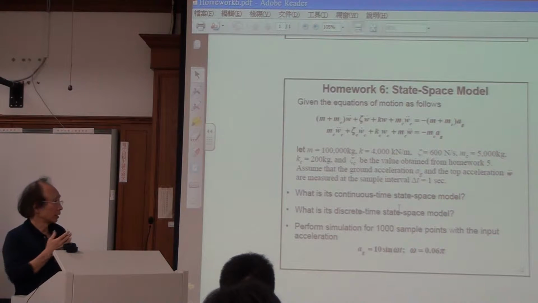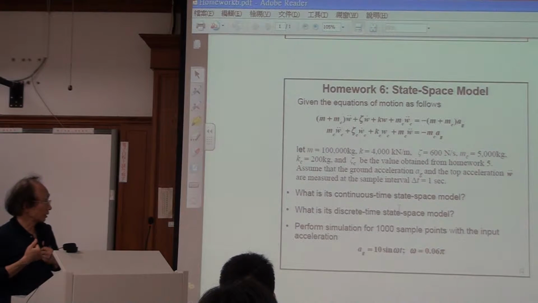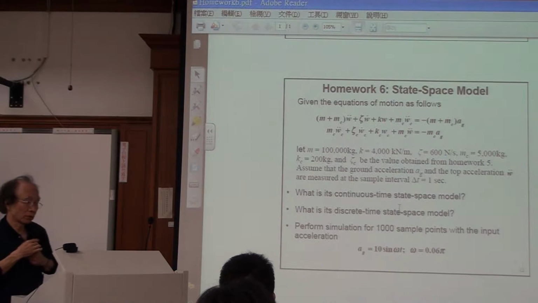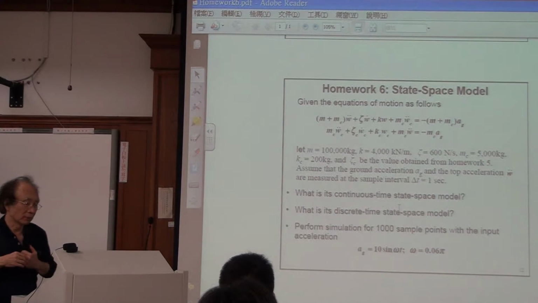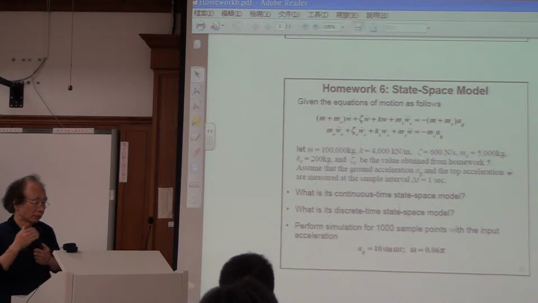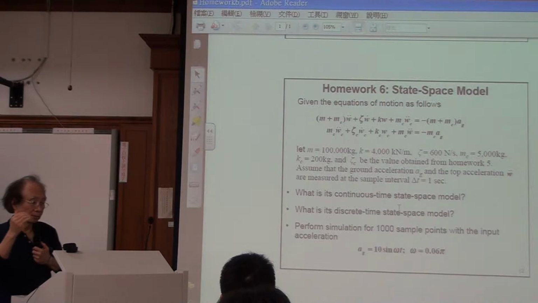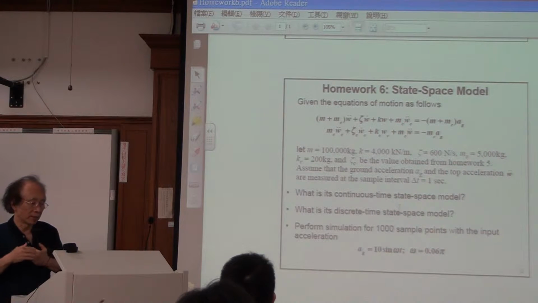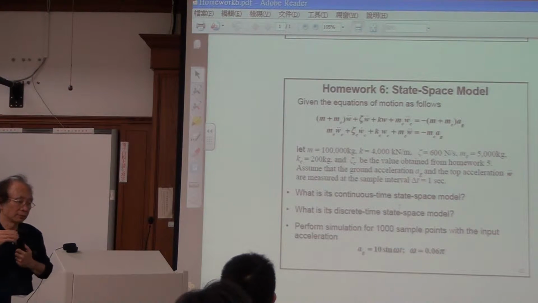This is just like a PMD system or an ABA system, and asks you to convert this second order equation to the first order state space model, and also to convert it to a discrete time state space model.